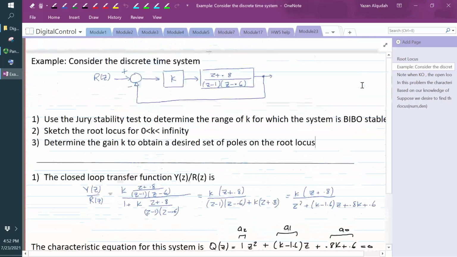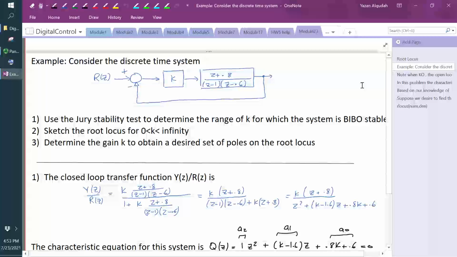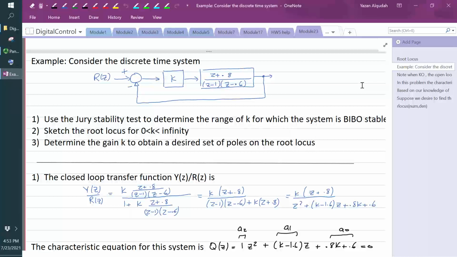Okay. So if we consider a discrete time system as an example for plotting the root locus, in this example we have a system that has a zero and two poles. We're going to use the Jury test to determine the range of k for which the system is stable.